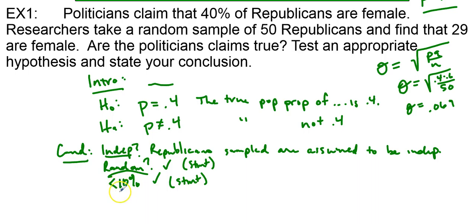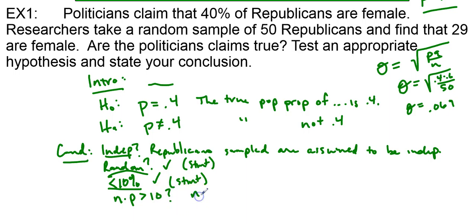So that's good there. And the last one is N times P. Can we expect to get more than 10 people? I'm sorry, 10. More than 10 people.